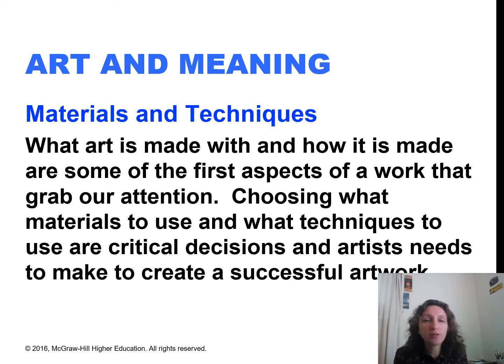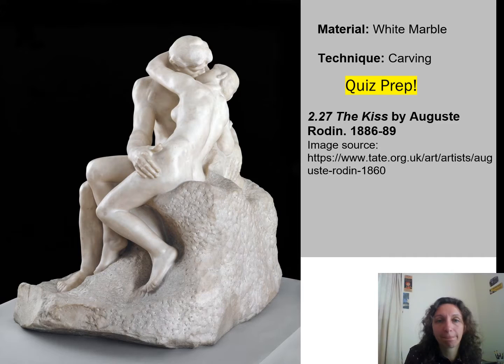All right, next we're going to talk about materials and techniques. And the choice of materials and techniques is very important to artists, especially today. It always was important, but I think today we're going to learn about installation, and that really pushes the choice of materials and techniques to a new level. So first we're talking about The Kiss by Rodin.